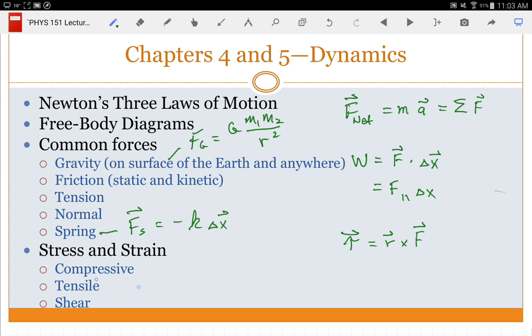Stress is force divided by area. Strain is change in length over original length. So strain is the deformation. The stress is the force per area. Now we've just finished a whole lot of work talking about pressure. What's the difference in pressure and stress?